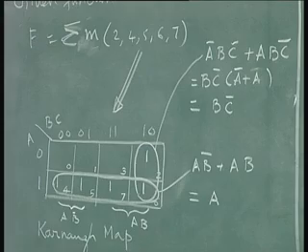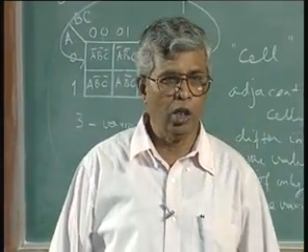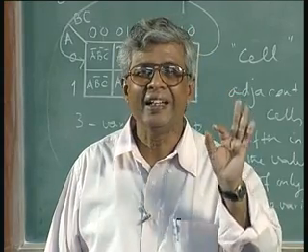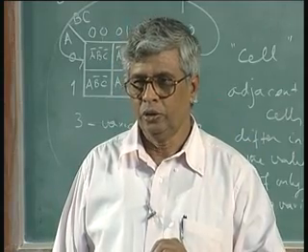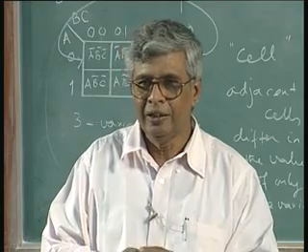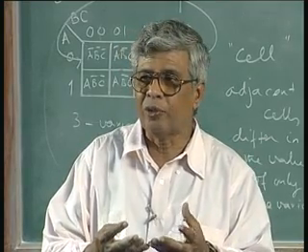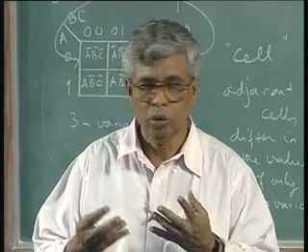It is not necessary to knock off only one variable; you can knock off 2 variables, or 3 variables. In order to knock off 3 variables, you need 8 ones in a group. If you have more ones in a group of adjacent cells, it is better for us because our reduction is going to be more.